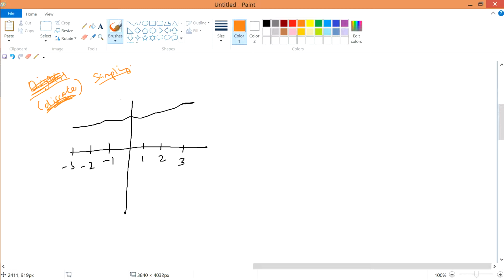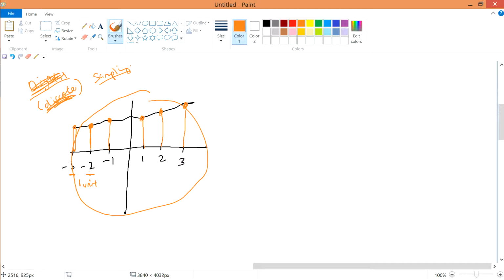Sampling means that at this point I take this signal, at this point I take this signal, at this point I take this signal, as you can see. So how many points can I take? In this case I take in units of 1, because minus 2 to minus 1 is just a unit of 1.